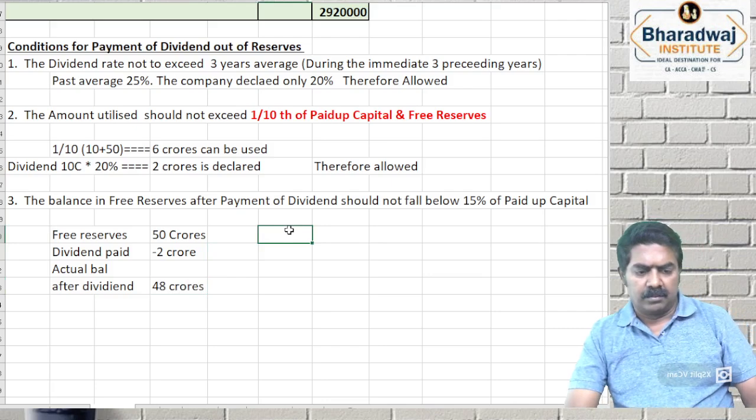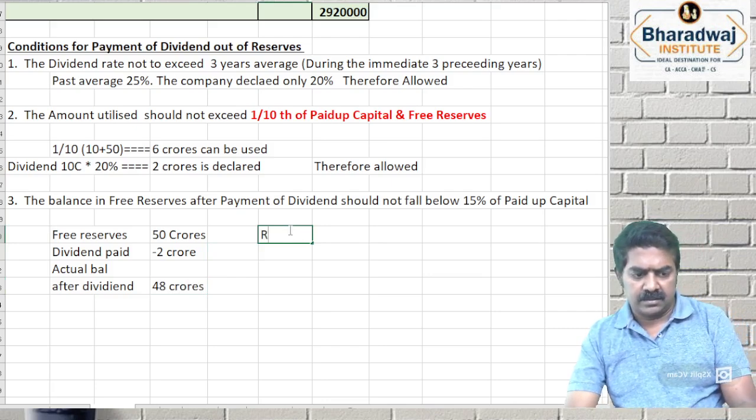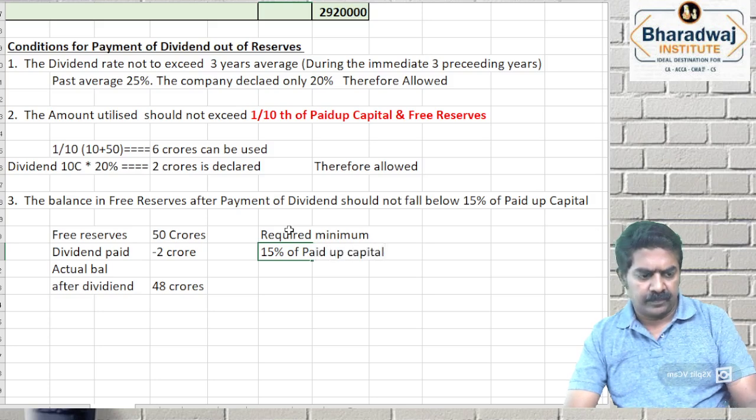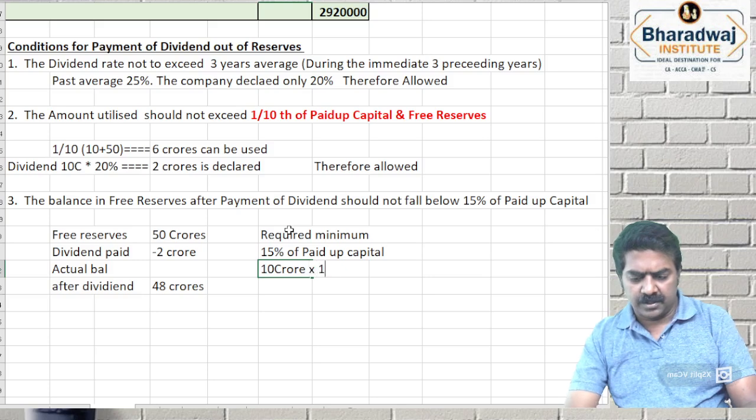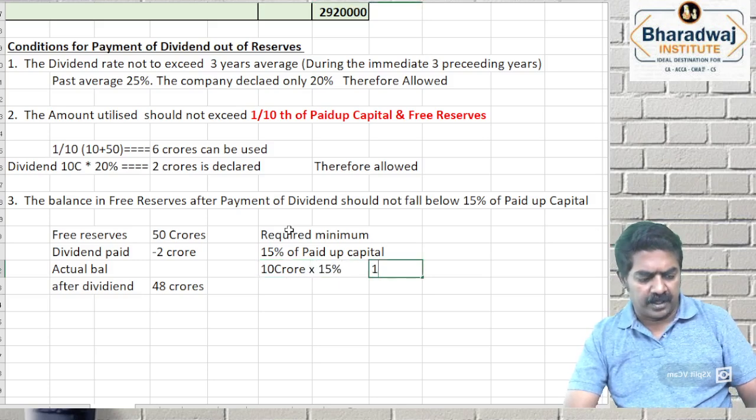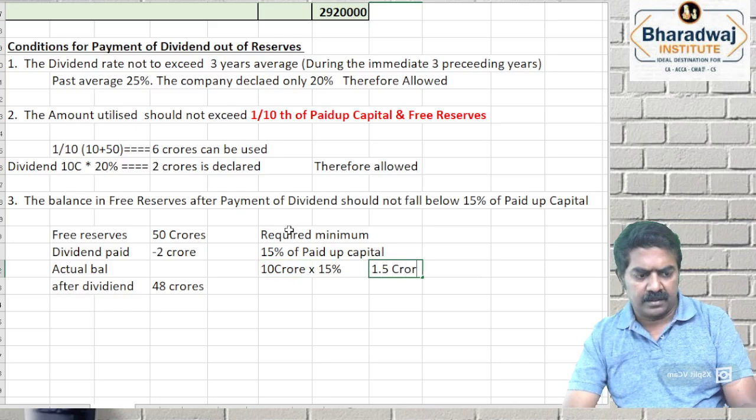Okay. But what is required? How much minimum is required? 15% of paid up capital. What is the paid up capital? 10 crore into how much percentage? 15% of 10 crore, 1.5 crore is required.